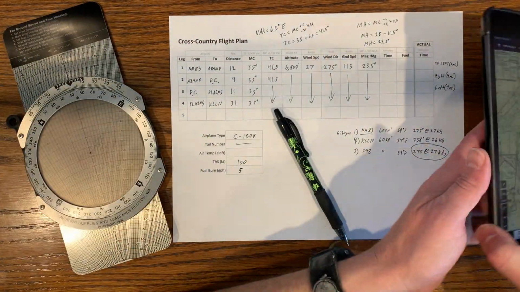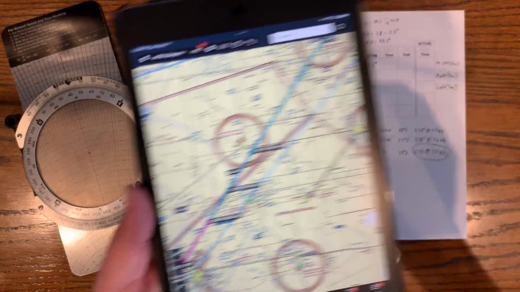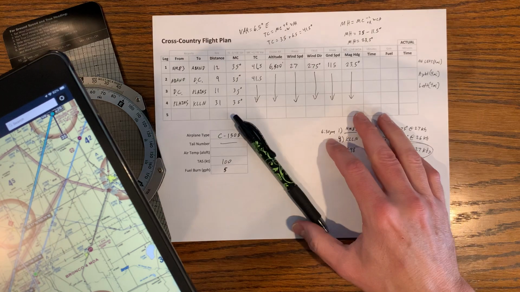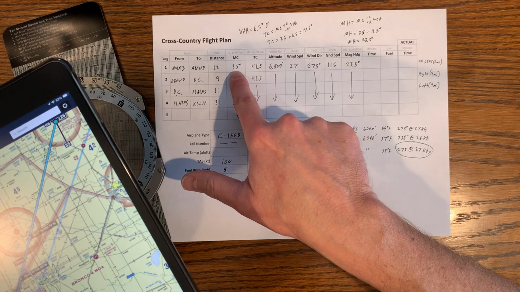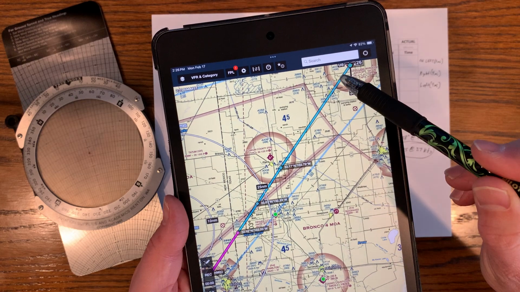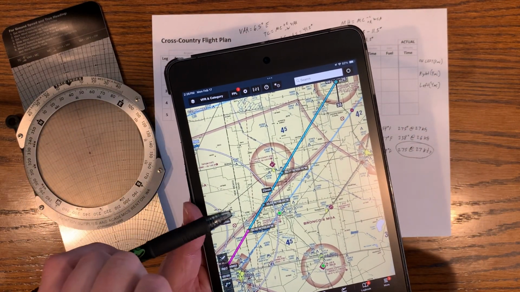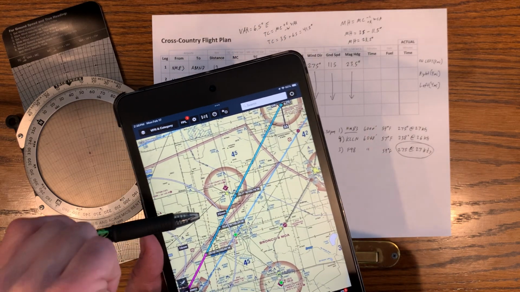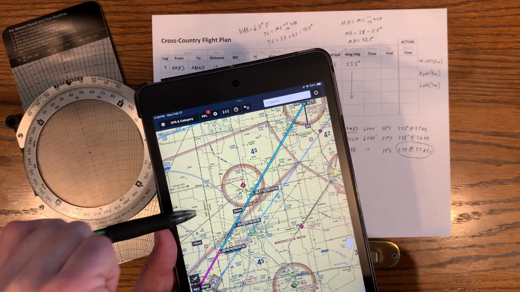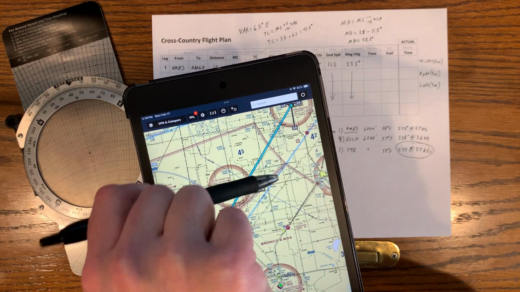So what does that mean? Let's take a look at this again. We have a course of 35 degrees. There's your 35 degree course. And we're saying we have wind out of 275, blowing like this. That's going to push us along that course, but it's also going to push us off to the right.